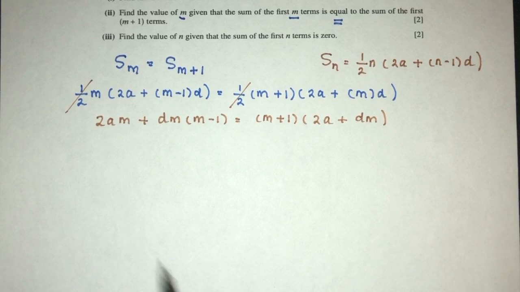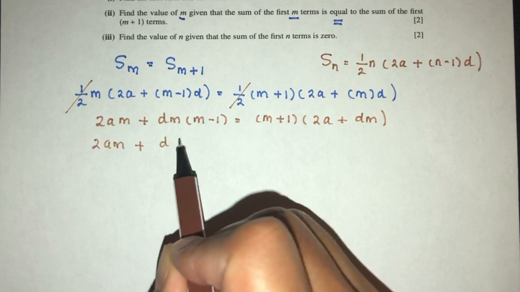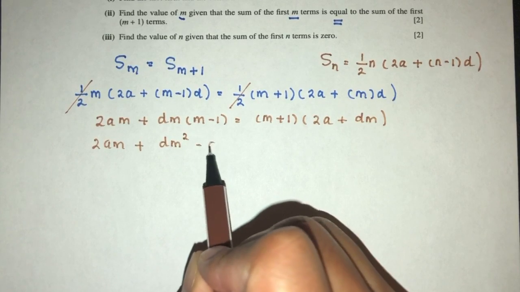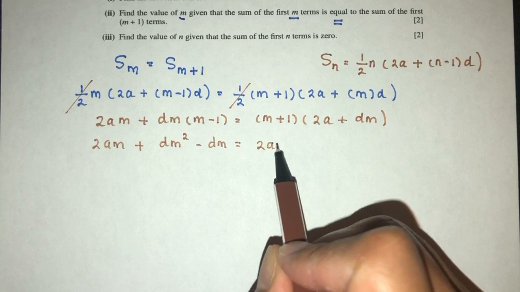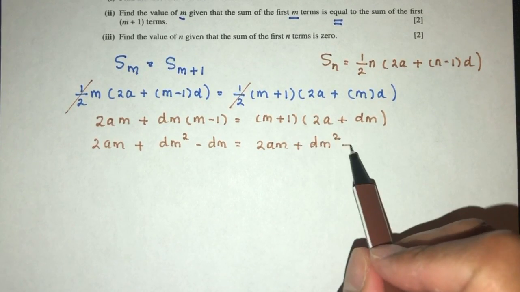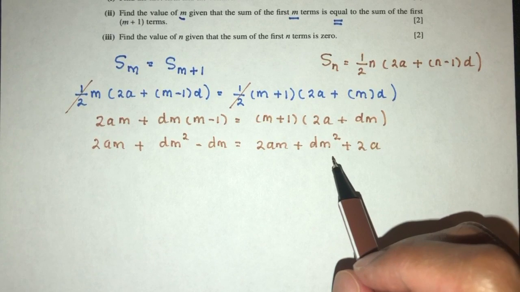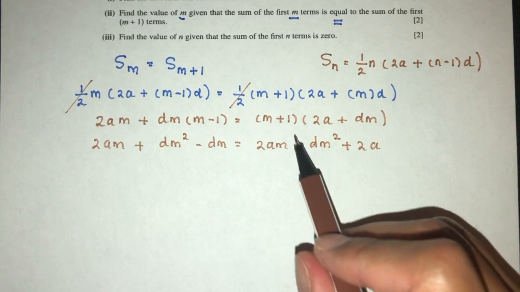Now we can still simplify. Let's see what happens. 2am plus dm squared minus dm is equal to 2am plus dm squared and then plus 2a, and then what do we have?